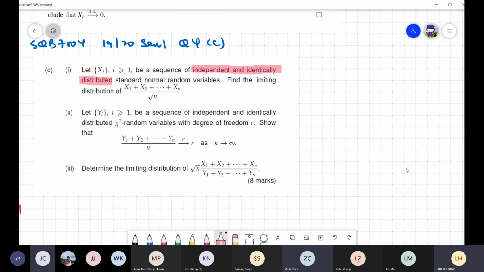First of all, the Xi are independent and IID standard normal random variables.